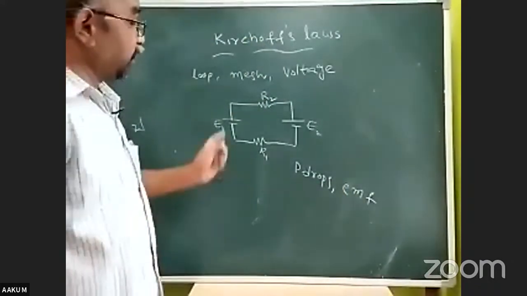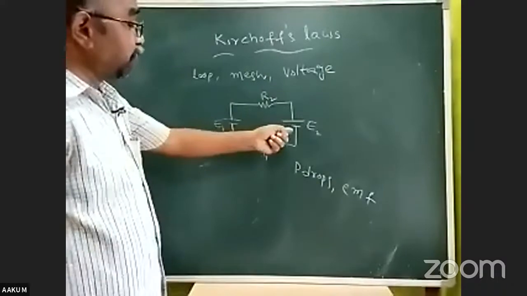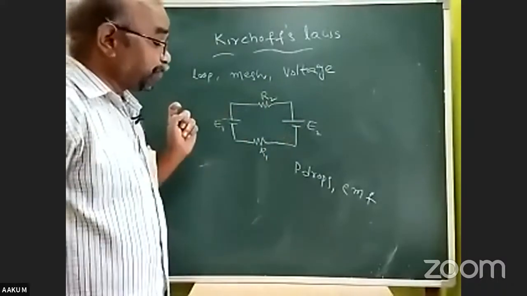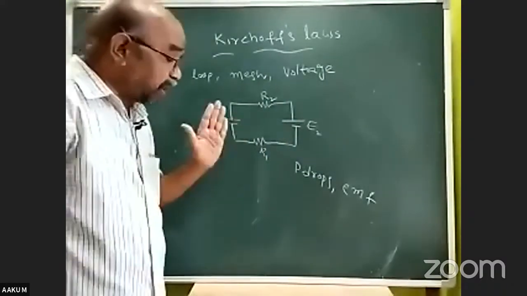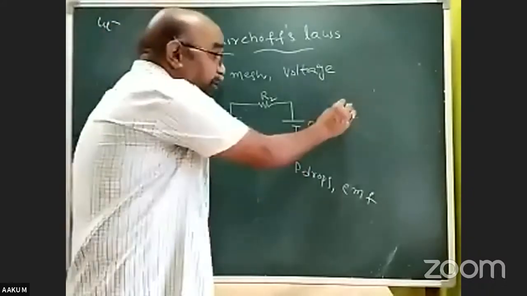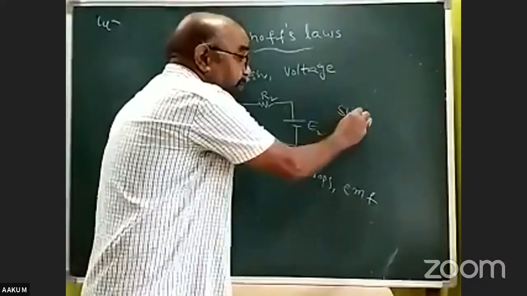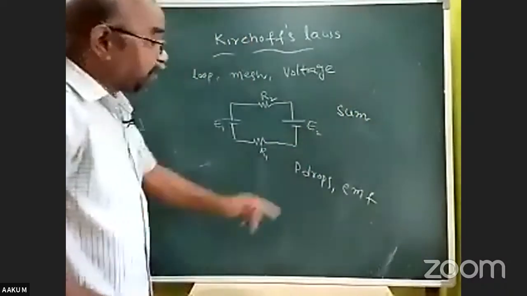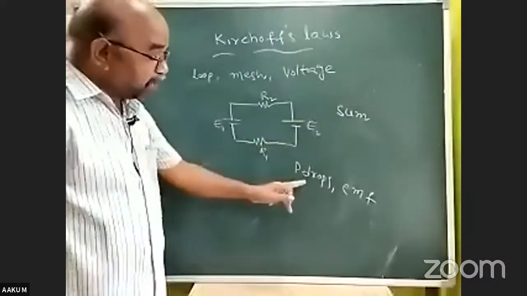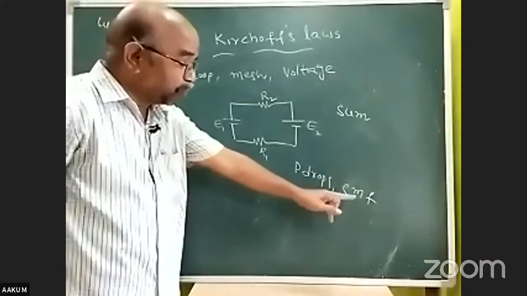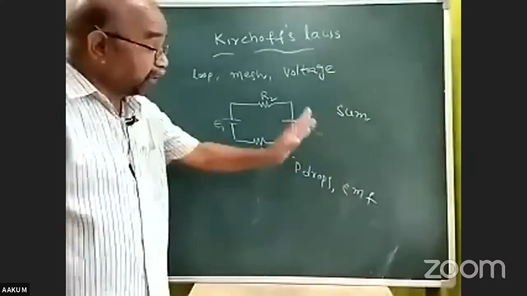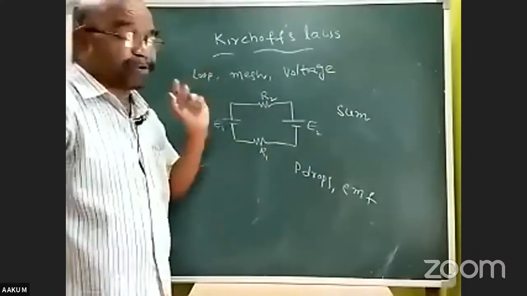Once again, in a closed loop or closed mesh, the algebraic sum of potential drops and electromotive forces is 0, simply.